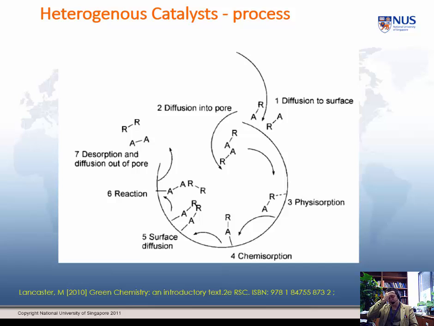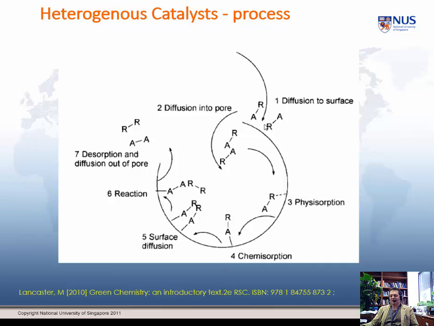Now, I think you've handled the theory of what I'm about to talk about in the second year, but nonetheless, let's do it briefly. Before a catalyst can be involved in any reaction, as the old English expression is, the dog has to see the rabbit. That means the reagents have to get to the catalyst. So, first of all, the first stage is diffusion to the surface.